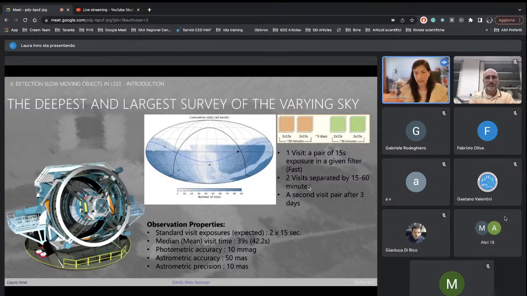Each visit is a pair of 50-second back-to-back exposures in a given filter. And then 30 minutes later, the same position will be imaged again. And then the telescope will come back to the same position after 3 nights, and possibly in a different band.